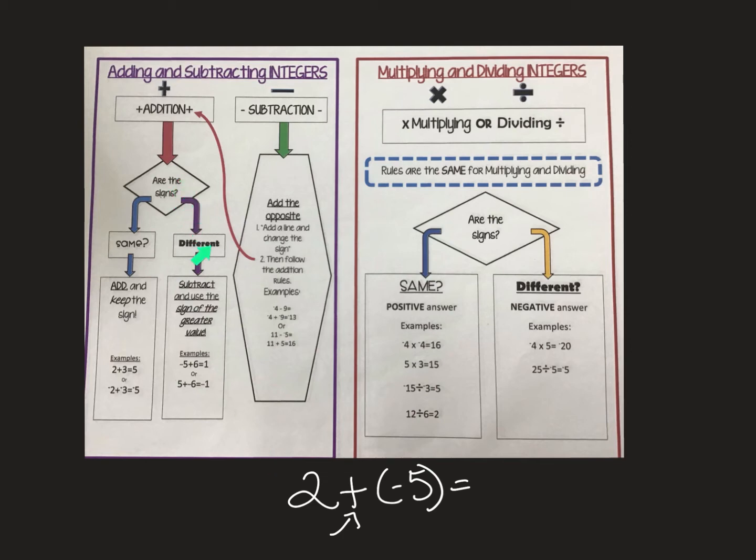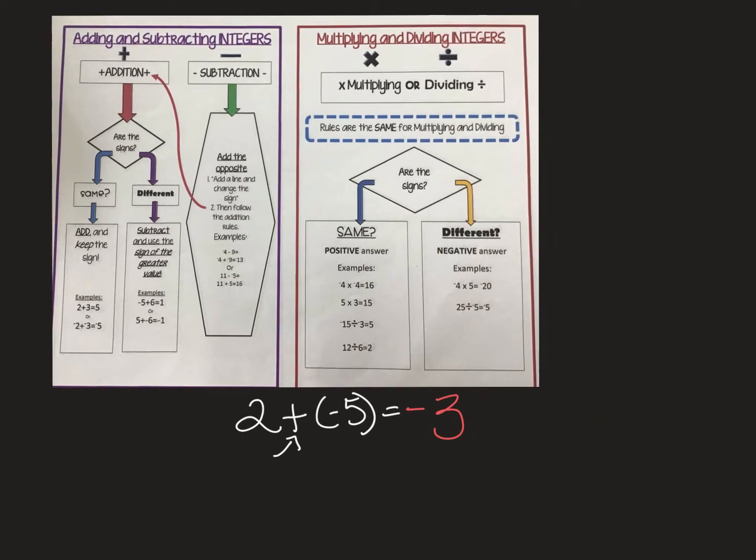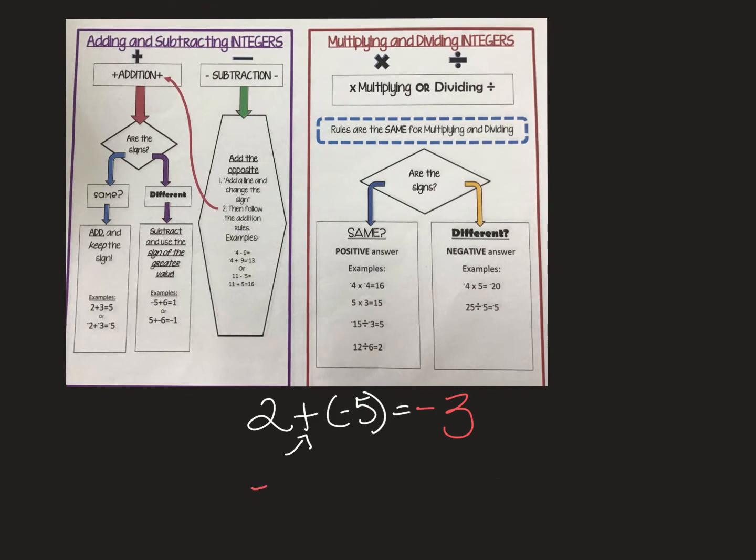So you go down to the different slot. What do you do if the signs are different? Subtract and use the sign of the greater value. Okay, so if I subtract, it's going to be 3. Is it going to be positive 3 or negative 3? Negative. Negative 3, okay?